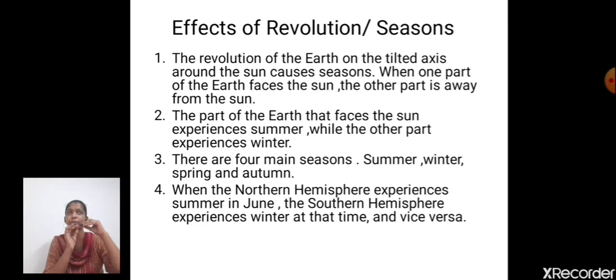Now I expect that you know what we mean by hemisphere. Let's break this word. Sphere means something round in nature. The earth is spherical in nature, and the axis passes from one pole to the other pole.